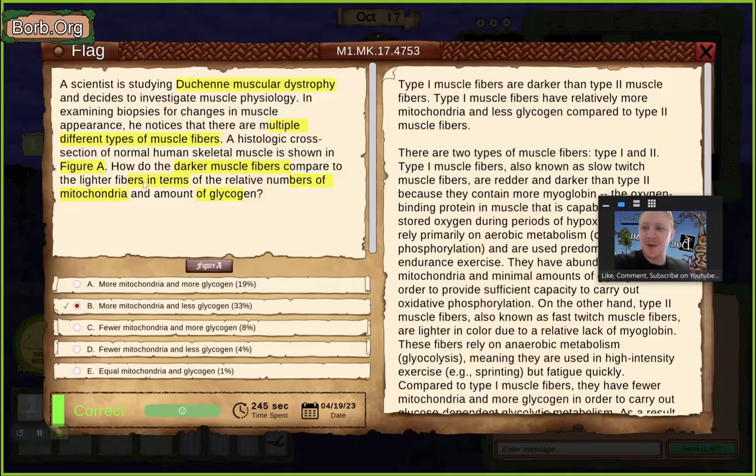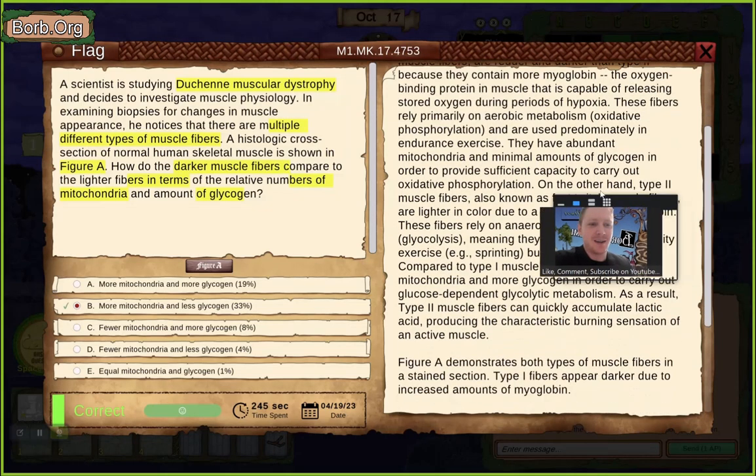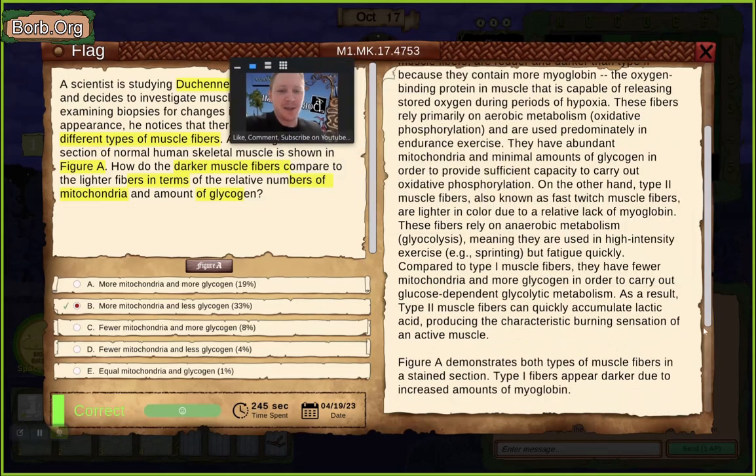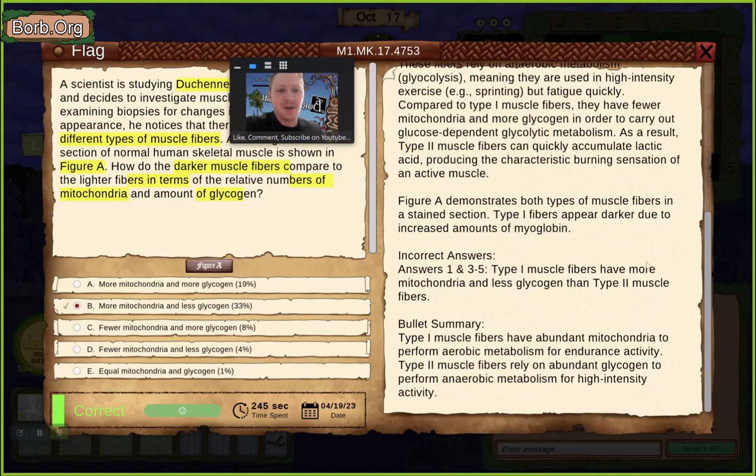Just to reiterate, we got some action points here, but the figure shows muscle types. Type 1 fibers appear darker due to increased amounts of myoglobin. Type 1 and type 2 is another way to reference fast twitch and slow twitch muscles.